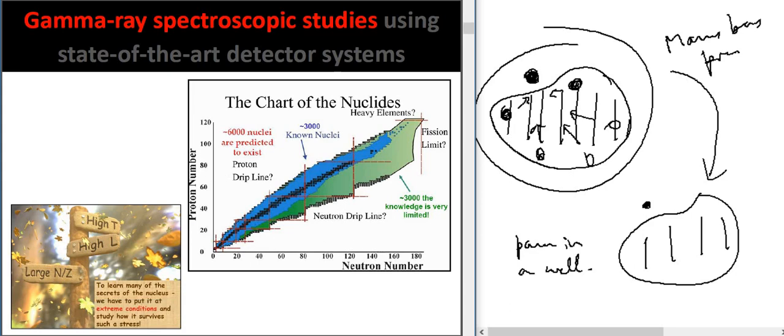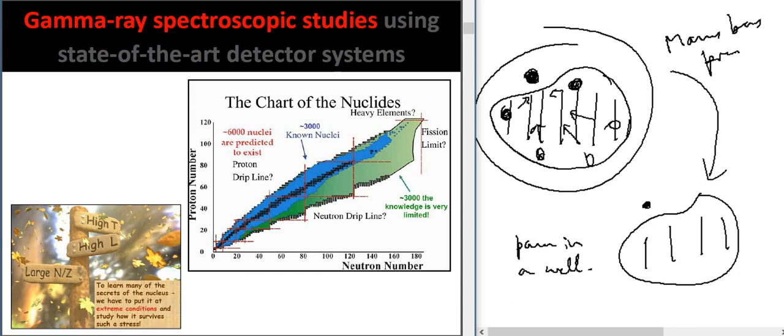And here what you see is a very interesting structure. You see a valley, and in the center of the valley lie the stable nuclei, more or less. And as you move away from this stability region towards the outer part, what happens? The mean lifetimes decrease.